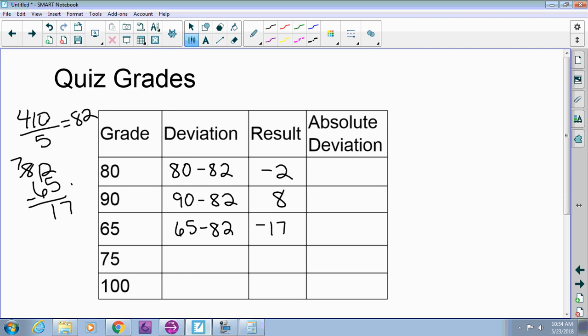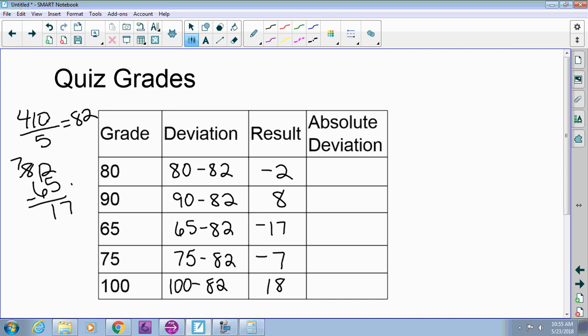And 75, you're going to subtract it from 82. That's a difference of 7, and that's 7 below the average. And then you had somebody who got a 100. So 100 minus 82, we know this child got 18 above what was typical for that class. So we have the deviations.